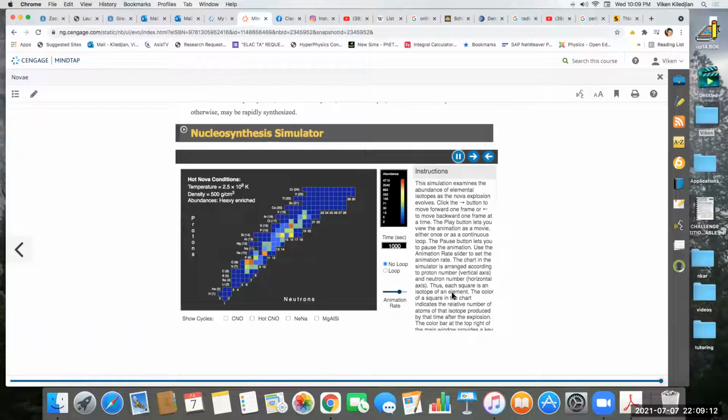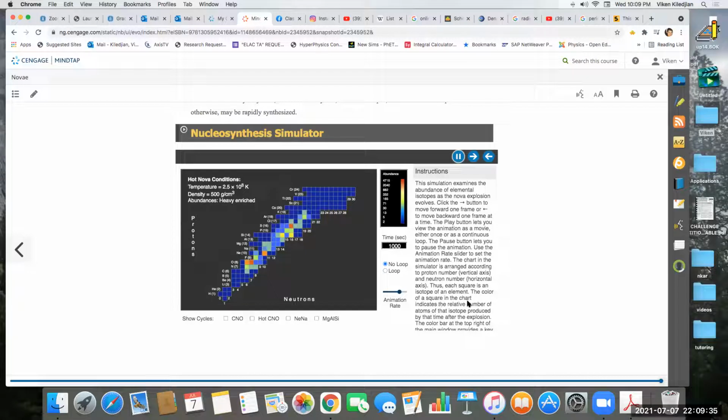You see that? So remember that as you go up, the element is changing, and as you go to the right, isotopes are elements that have the same proton number but differ by their neutron number. So all those elements in the horizontal are isotopes of that element.